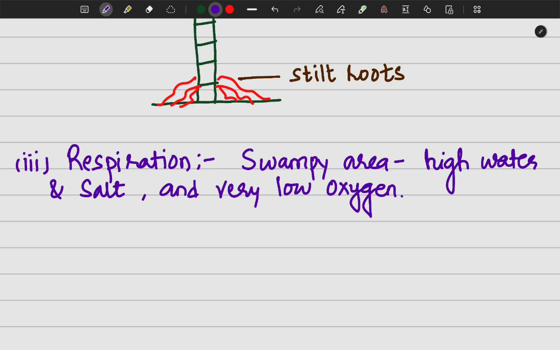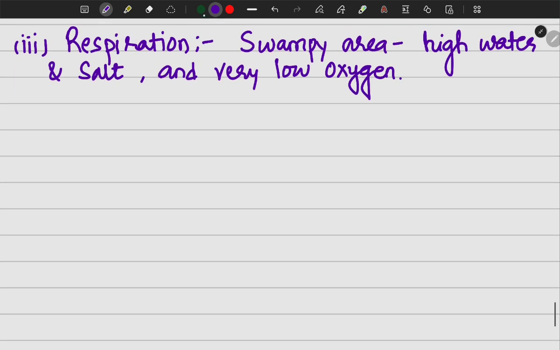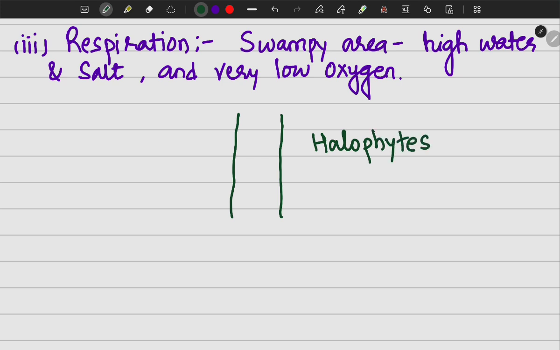So what happens to overcome this lack of oxygen? The roots of these plants come out of the soil. Suppose this is a plant which is growing in the swampy area. Such plants are called halophytes. Halophytes grow in soil having high water and salt content, and the soil is usually deficient in oxygen.